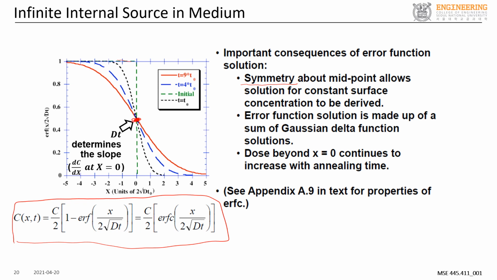So the concentration at this point is fixed. It's always 0.5, half of the original concentration. But basically this much of dopants move to here, and then you're getting more as time passes.